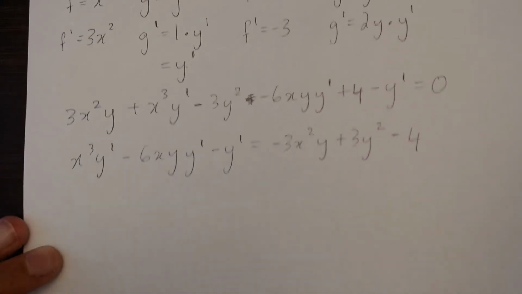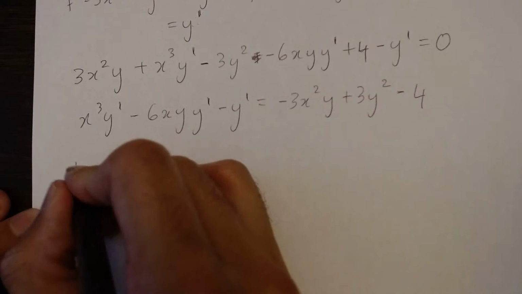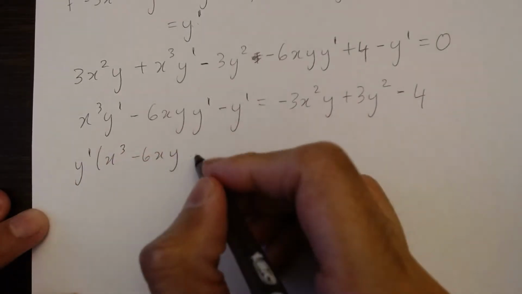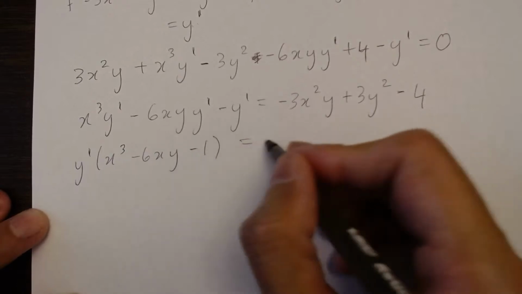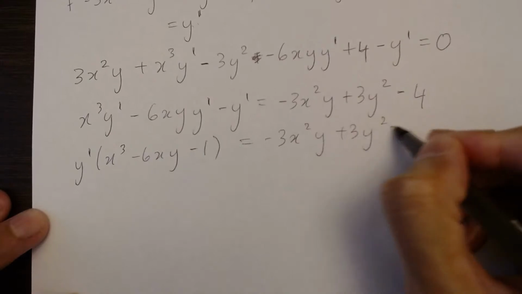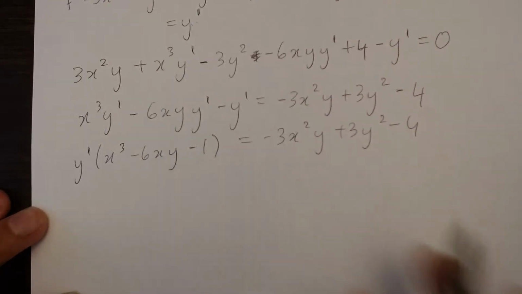Then I want to common factor out a y prime here. x cubed minus 6xy minus 1. Then I want to divide this on the other side.